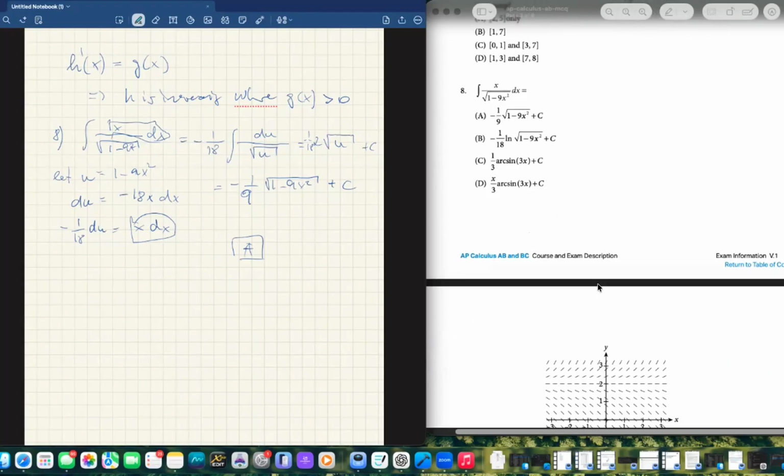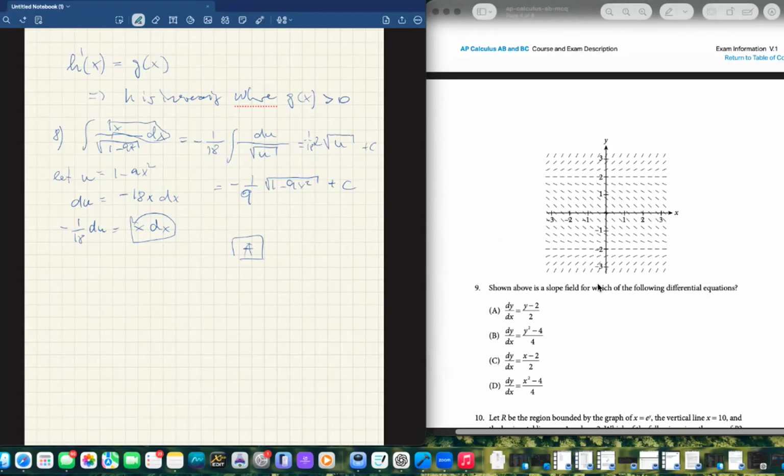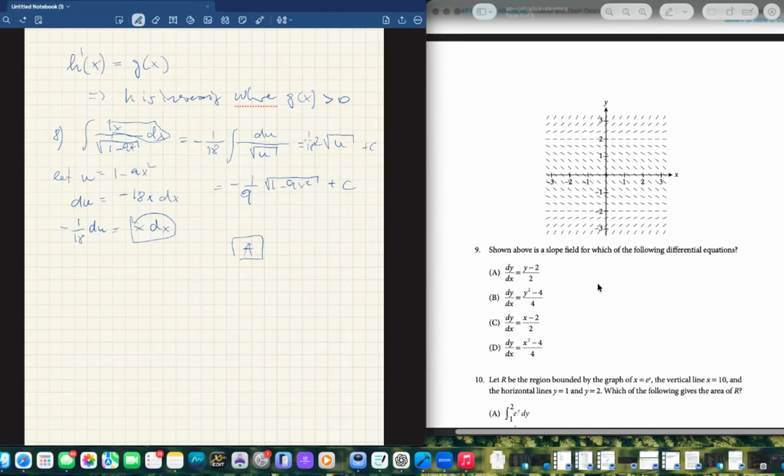Let's do one more. Oh, okay. A slope field. So for the slope field, we're looking for patterns and then trying out if we get this pattern by plugging the y value and the x value into the different formats here.